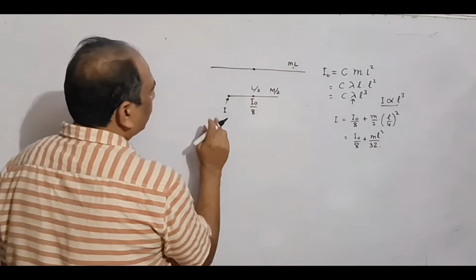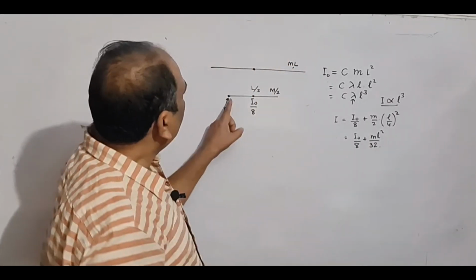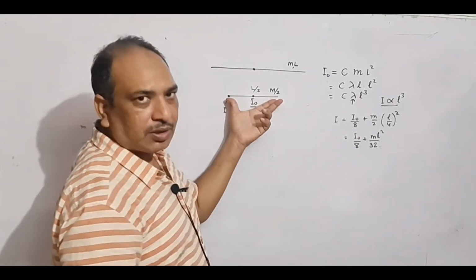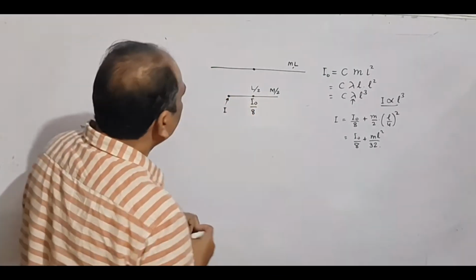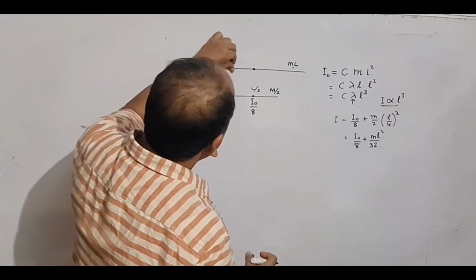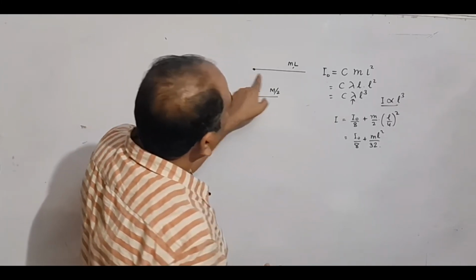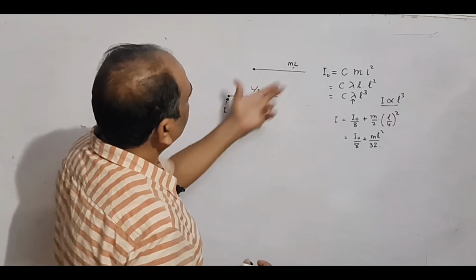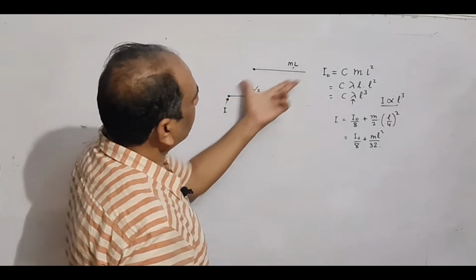Now we have found the moment of inertia about this point of this half rod. You can check that this rod and this axis is nothing but this half rod and this axis, so these two are exactly the same thing.